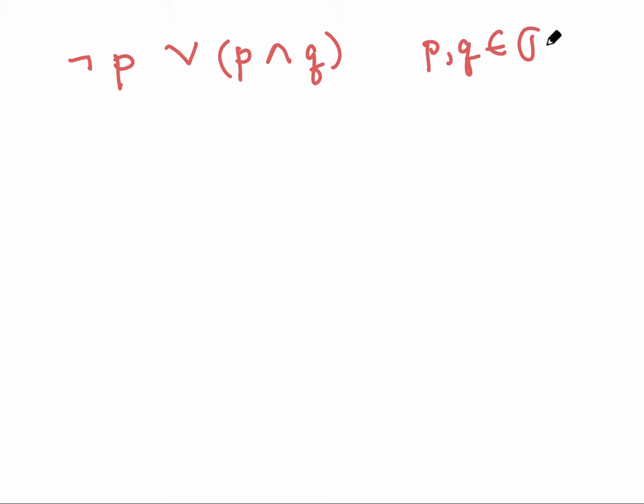Let's say I have this propositional formula: not P or P and Q. So P and Q are atoms. And I left out parentheses, but I could put those here.